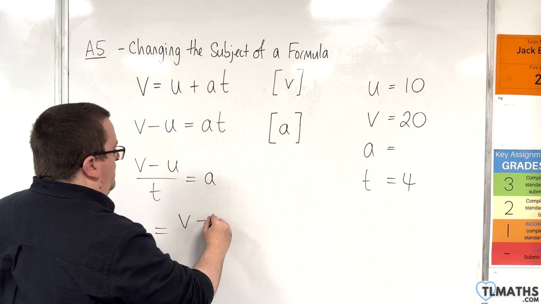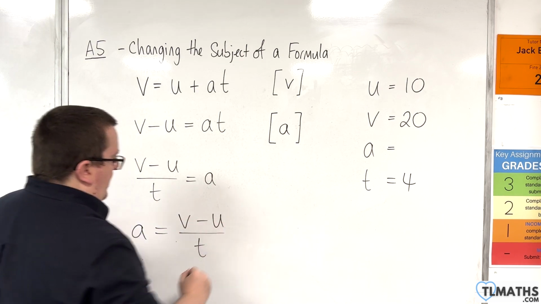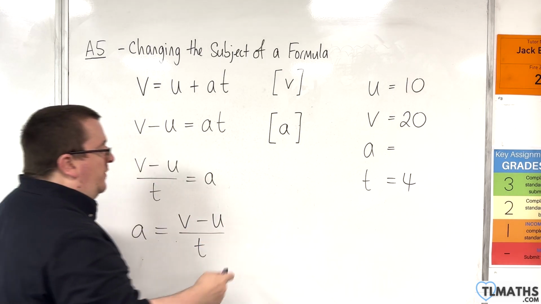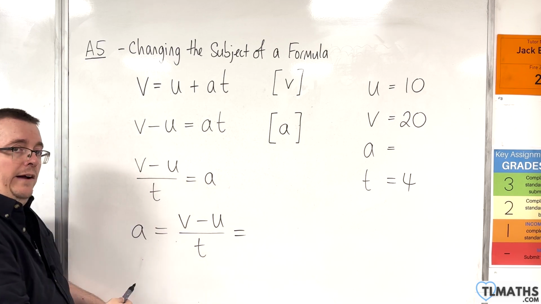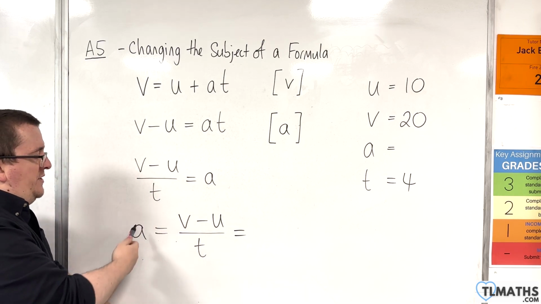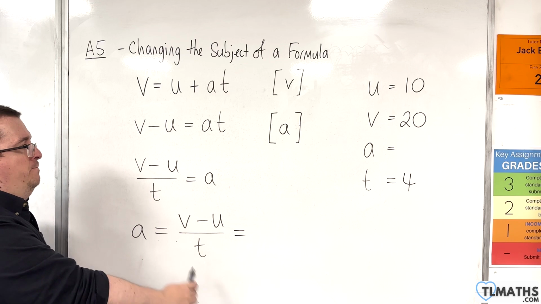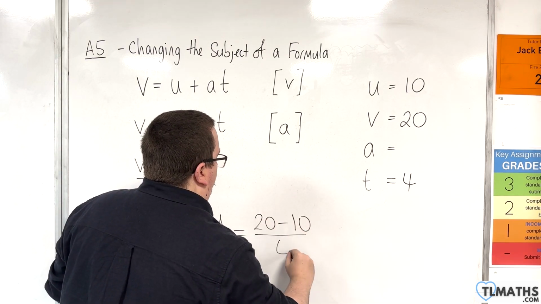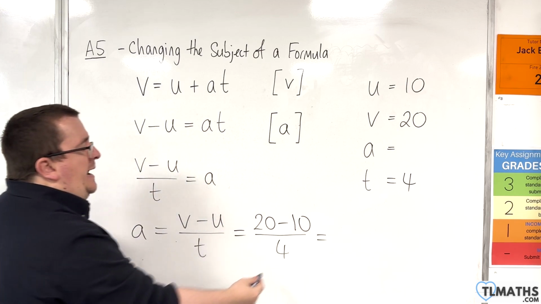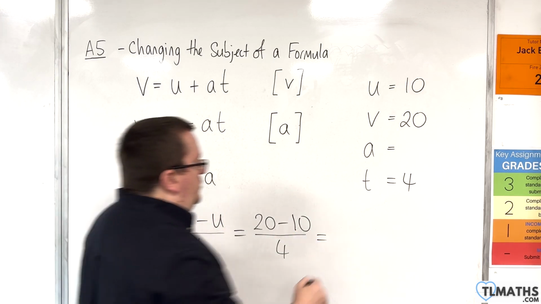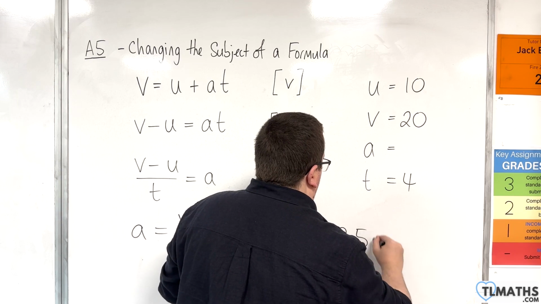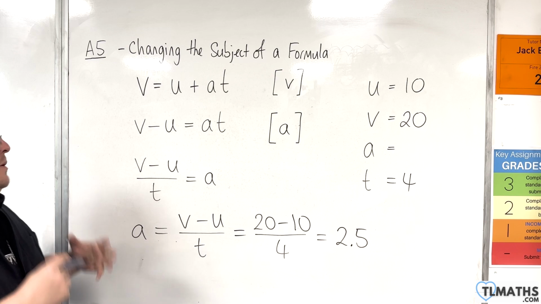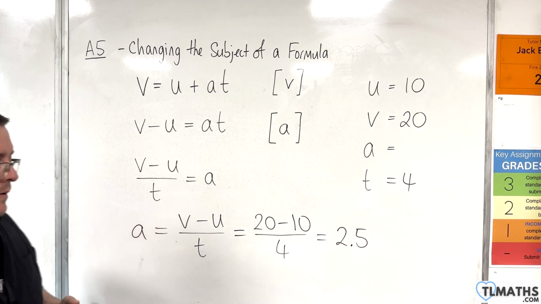So A is V minus U over T. It is now in a form where I can just plug everything in that I know and I can work out A. So A is now the subject of the formula, and I would have 20 take away 10 over 4. So that's 10 divided by 4, which is 2.5. So I've made A the subject.